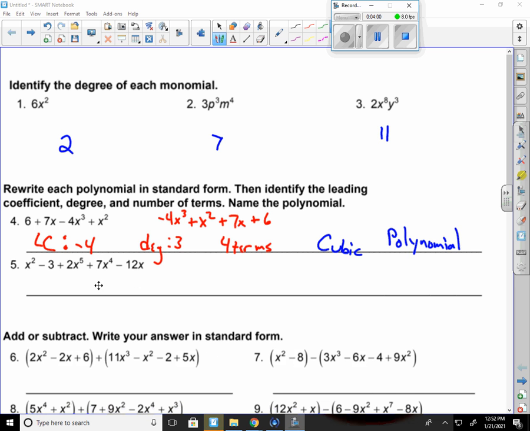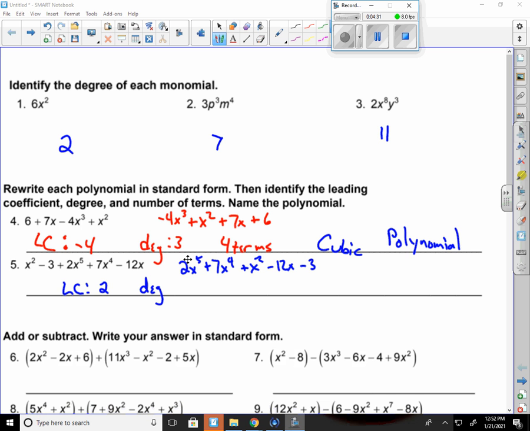Number 5, first I have to put it in order from the highest exponent to the lowest. So 2x to the 5th plus 7x to the 4th. There's no x to the 3rd, so this becomes just plus x squared minus 12x minus 3. My leading coefficient is the one that comes first. That's a 2.